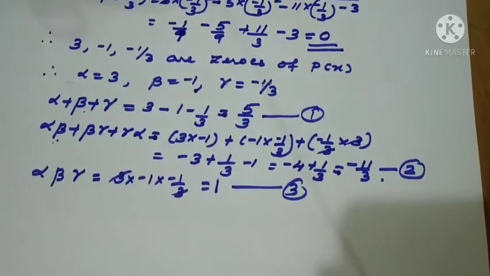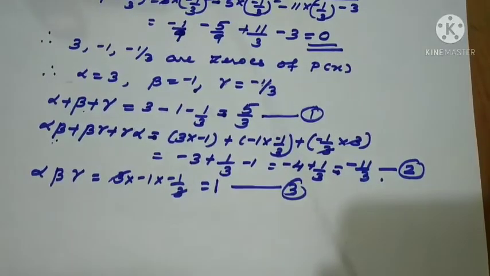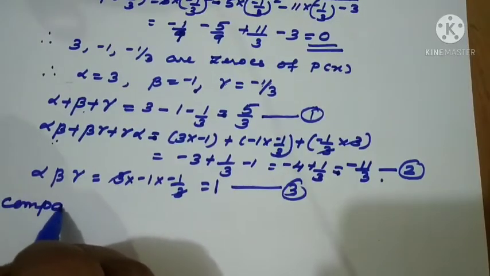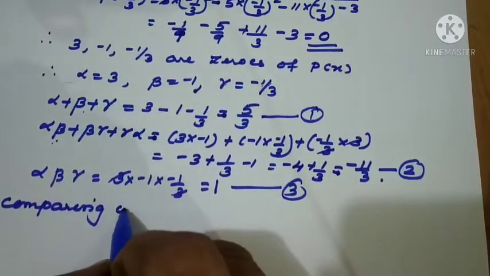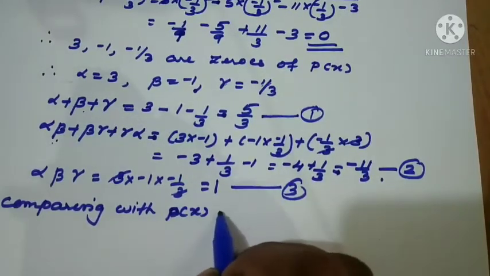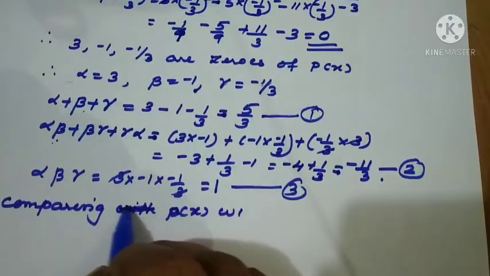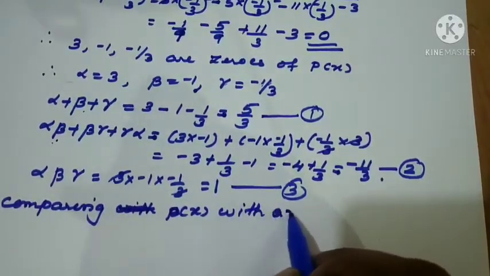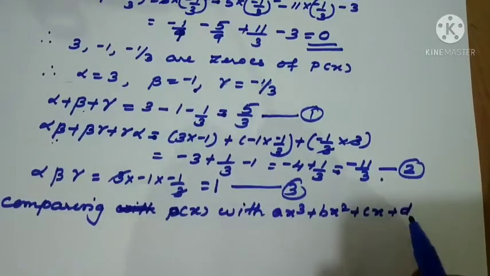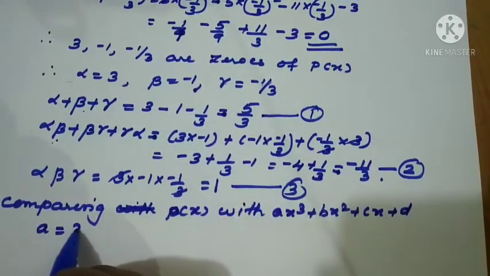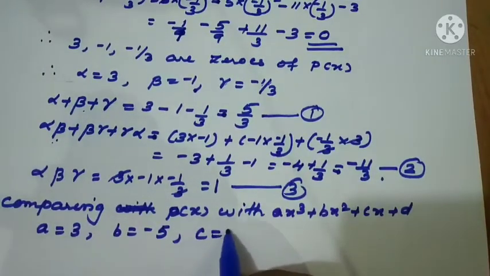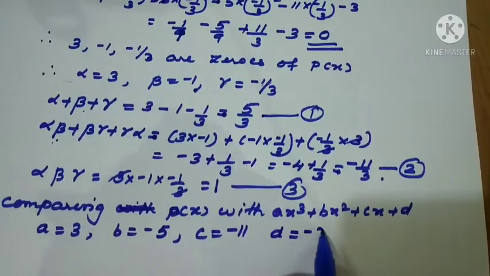We need the a, b, c values, right? Comparing with the standard equation, comparing p of x with ax cube plus bx square plus cx plus d, we can write a equal to 3, b equal to minus 5, c equal to minus 11, and d equal to minus 3.